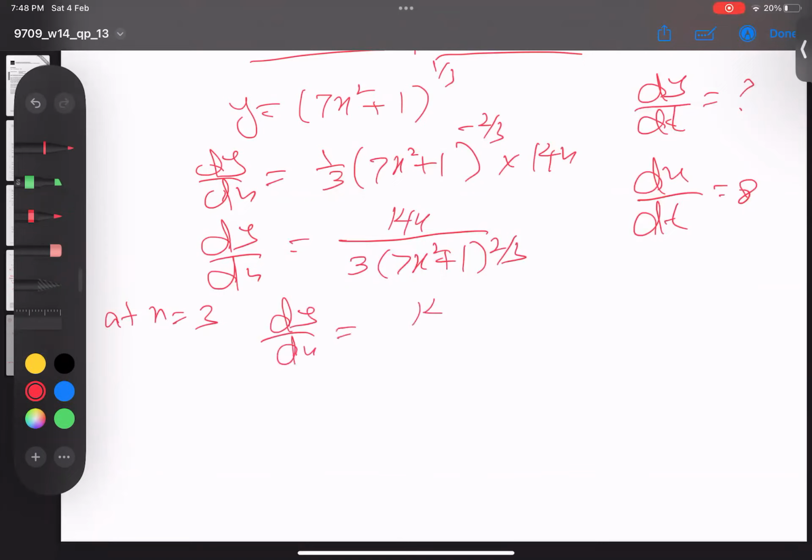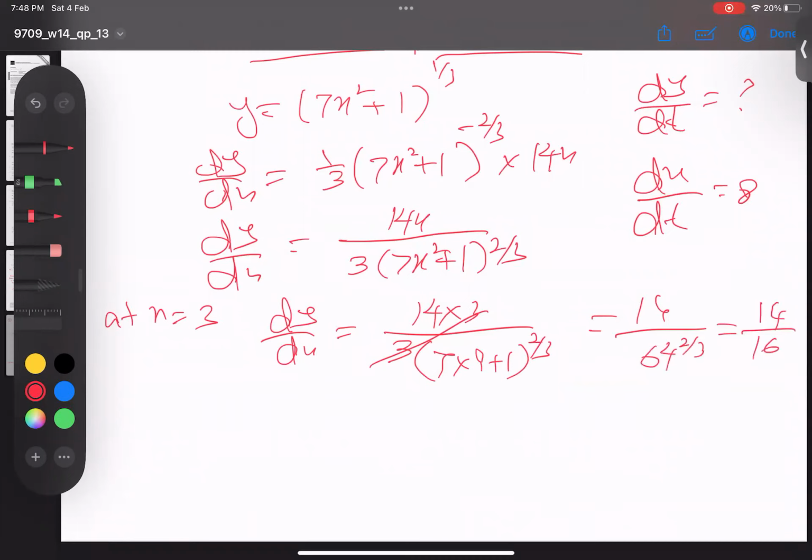When I plug in 3 here, it becomes 9 plus 1 to the power 2 by 3. The 3 cancels out, 14 times 3 is 42, 64 to the power 2 by 3. So I get 4 squared, which is 16. So 42 over 3 times 16 gives 7 by 8.